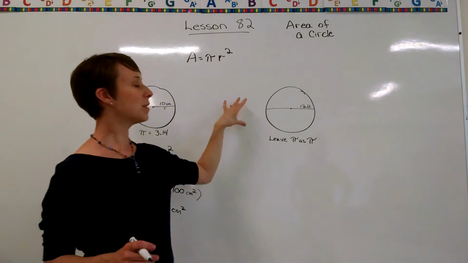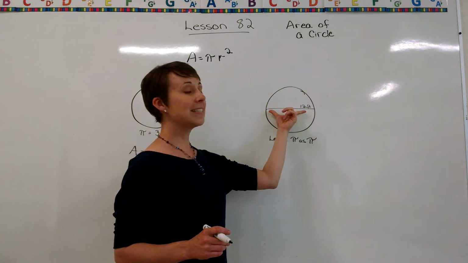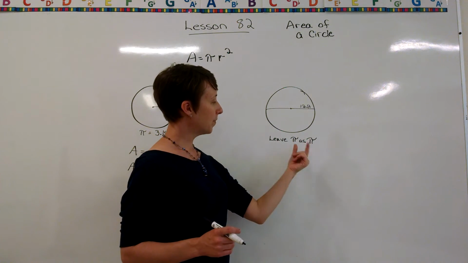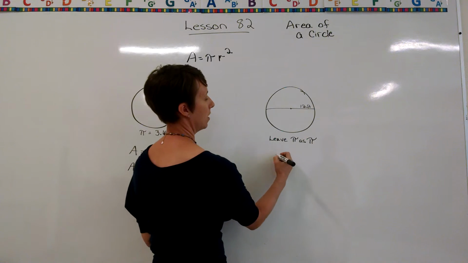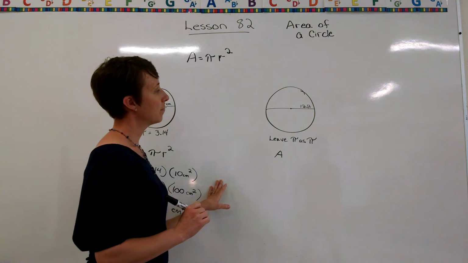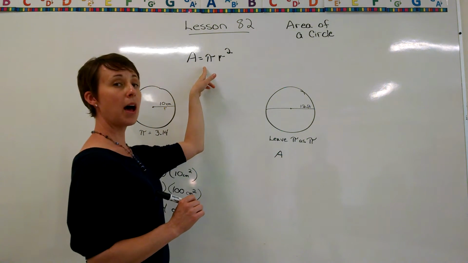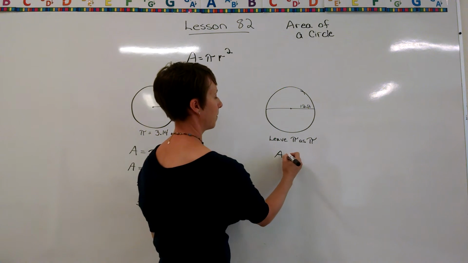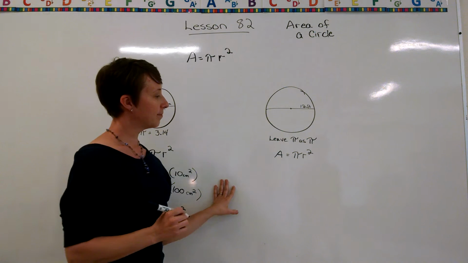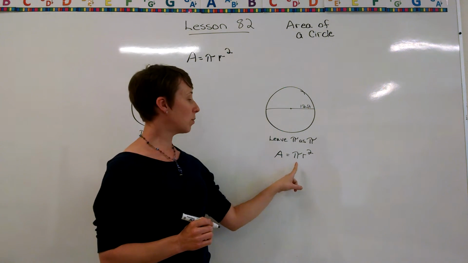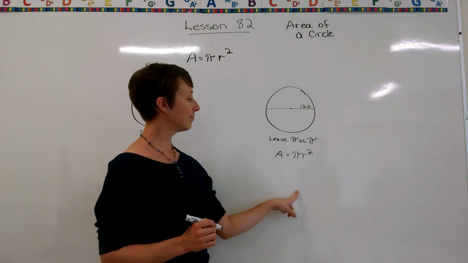Let's try that if they give us some different information. This circle has a diameter instead of a radius, and it says to leave pi as pi. So let's see. Always start with your formula. Area equals pi times r squared. I'm going to leave pi as pi, so in my final answer it will just say pi.